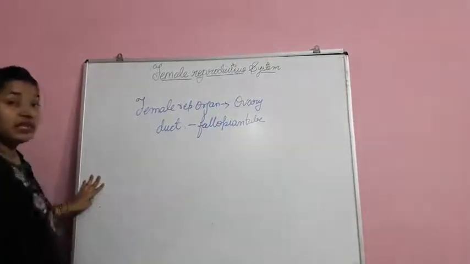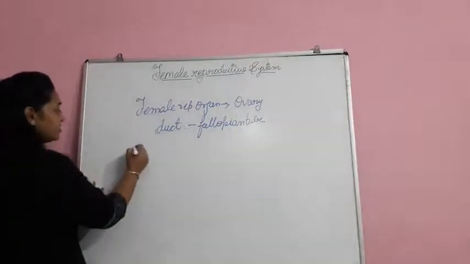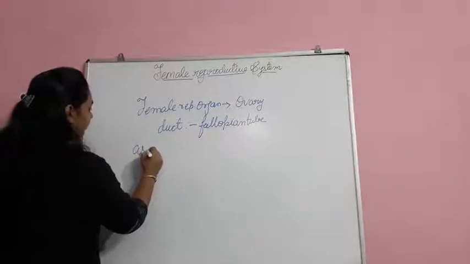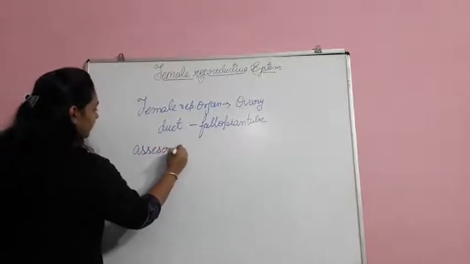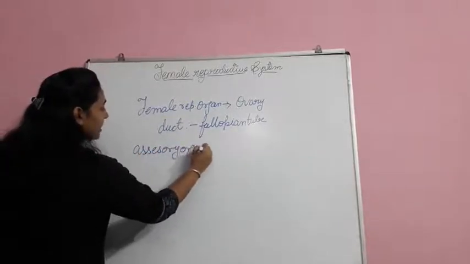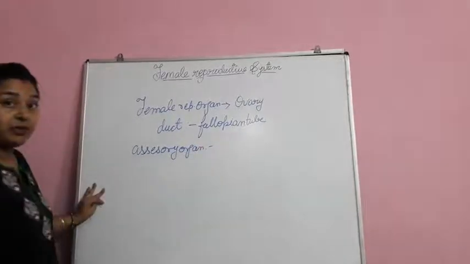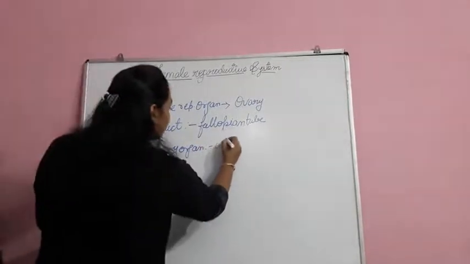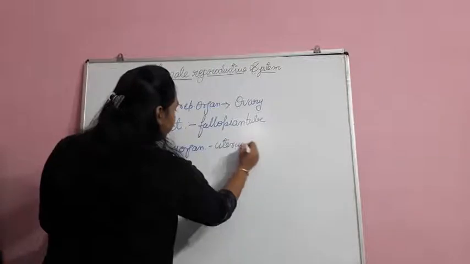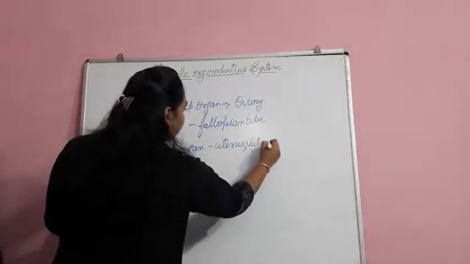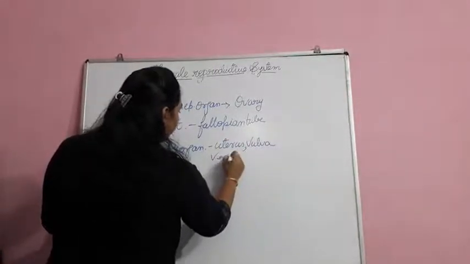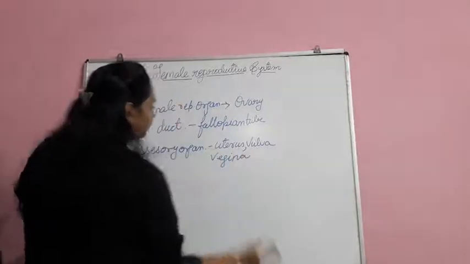Then after this there are some accessory organs. These accessory organs in the human female are the uterus, vulva, and vagina.